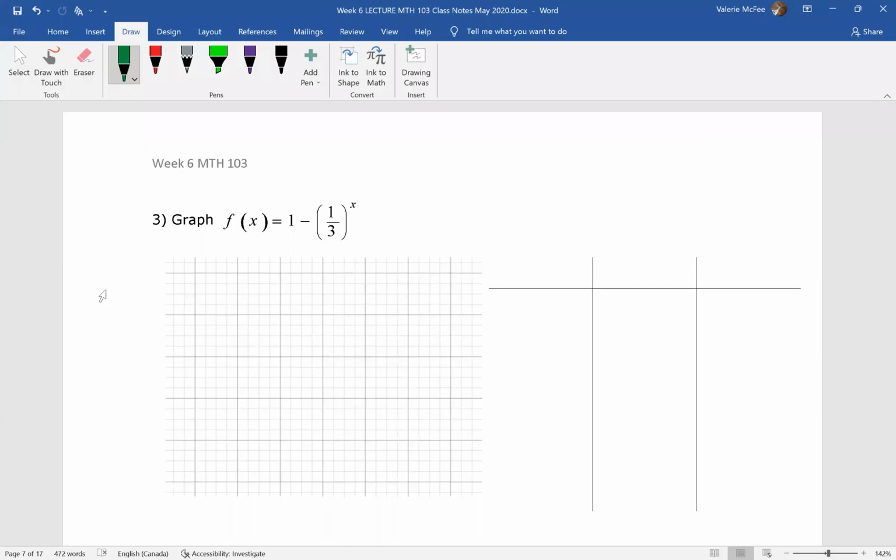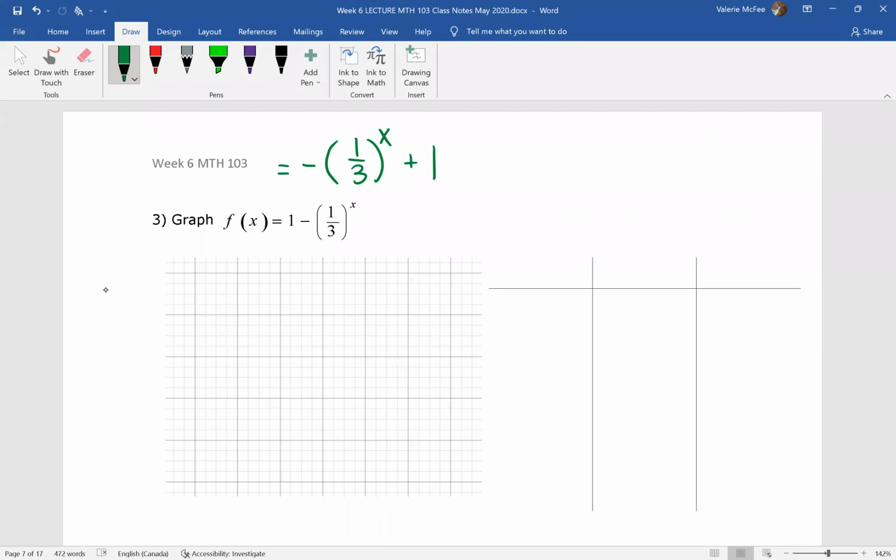I hope you are graphing all of these. The best way to understand what's happening is to be doing these on paper. If you're just watching these like a movie, you're not learning what you should be learning. Here's another one for us to try. I'm going to suggest we rewrite this equation to say that it's negative 1 over 3 to the power of x, plus 1.